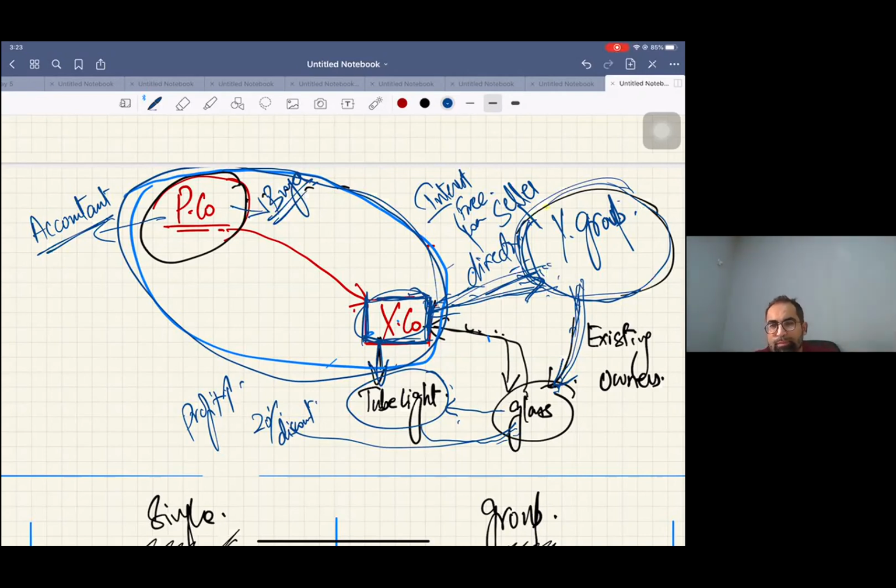But once we buy X company, that loan will be repaid, and after that X company will need to take a loan from the market, and X company will have to pay the market interest rate.